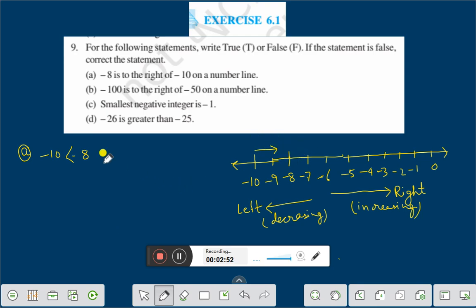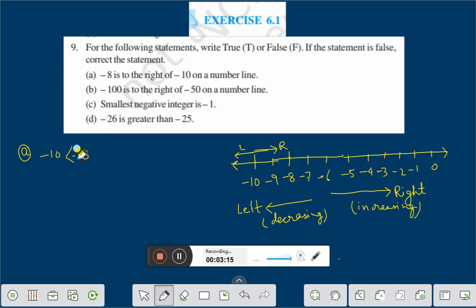This is true. Minus 8 is greater than minus 10, and in this direction it is increasing, therefore minus 8 is to the right of minus 10 on a number line.